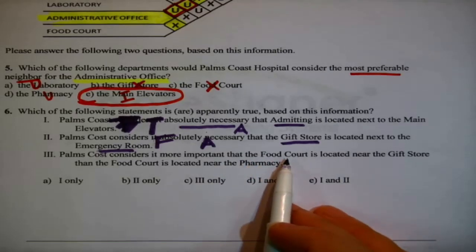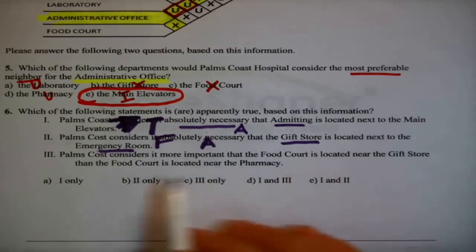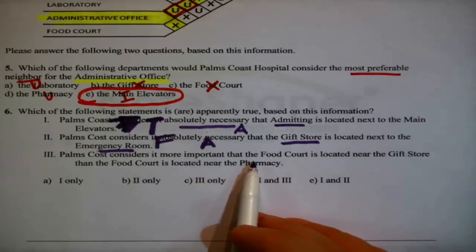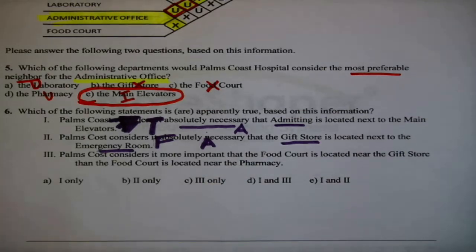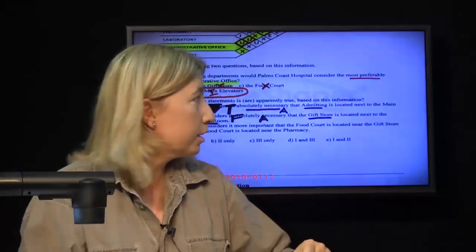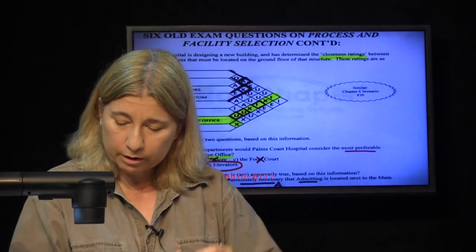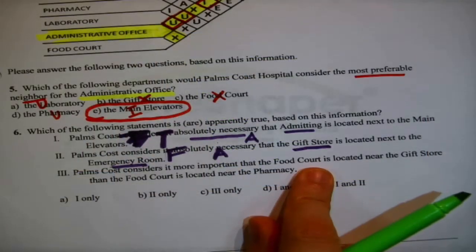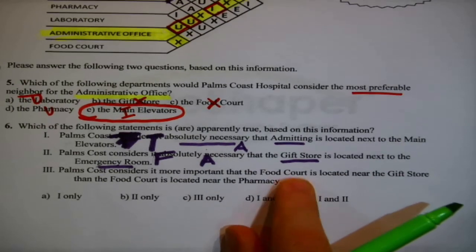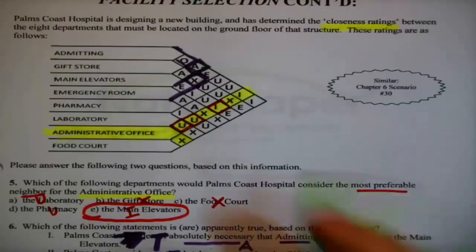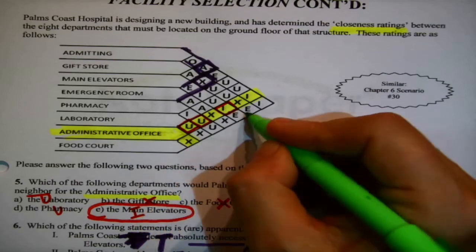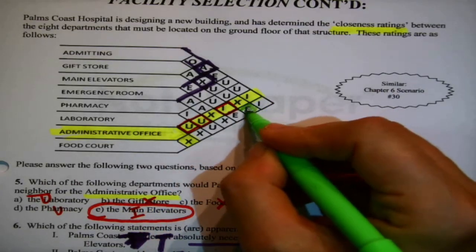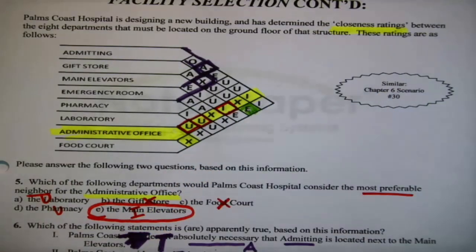Palm Coast considers it more important that the food court is located near the gift store than that the food court is located near the pharmacy. Oh, all right, now to answer this question, and I kind of marked up my diagram a bit, I have to be careful. I have to locate two different ratings and then compare them to each other. The food court and the gift store is right here.